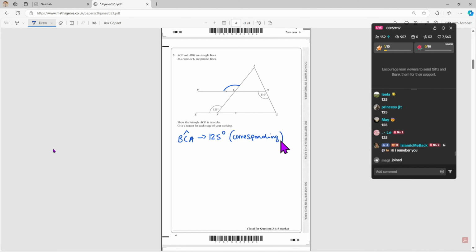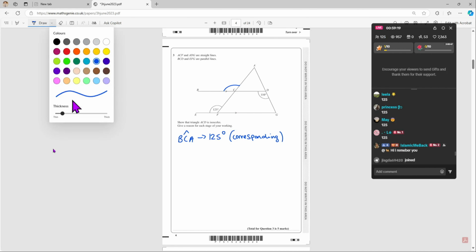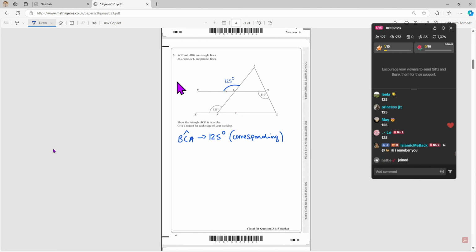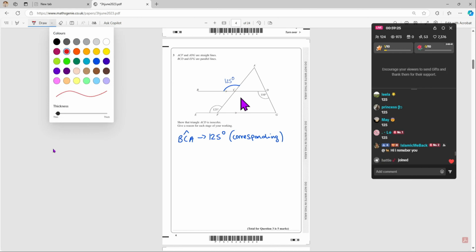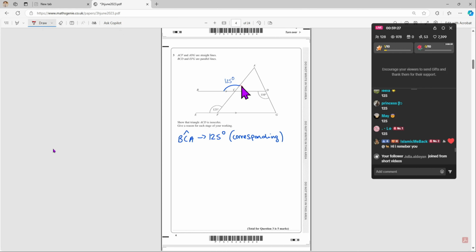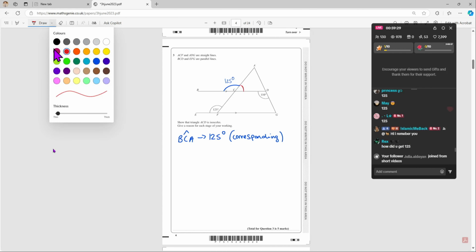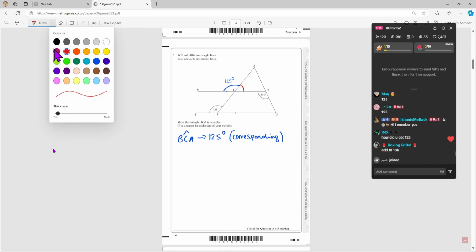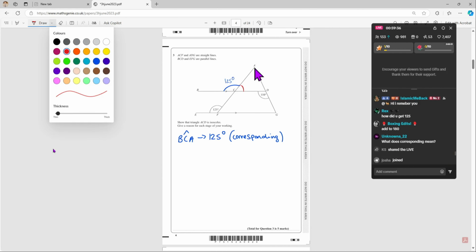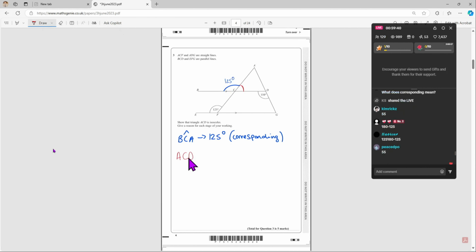So then once we worked out this is 125 degrees, we can work out what this angle is. So if angles in a straight line add up to 180 degrees, what will be angle ACD?